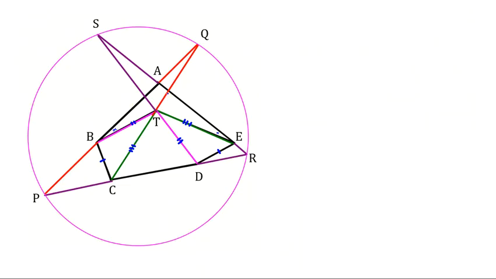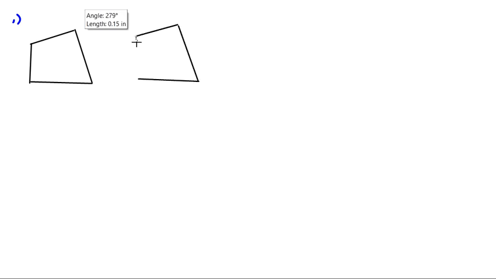The figure is this, and you want to prove why PSQR is cyclic. So I will tell you four important and basic rules when you want to prove a quadrilateral is cyclic. Two of them are related to angles and two of them are related to lengths.